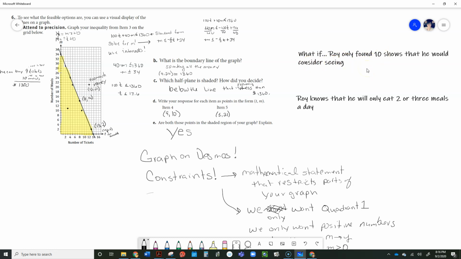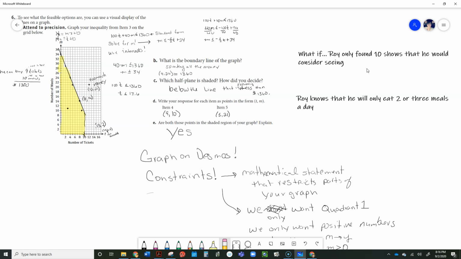So that just restricted my graph over here a little bit more. So here's the number of tickets. He doesn't need to consider these purchasing options because there's only 10 shows that he wants to see. So he already knows he's not going to buy more than 10 tickets. So what he's going to do is unshade this section right here because he doesn't want to buy that many tickets. So we have restricted our graph even a little bit more.